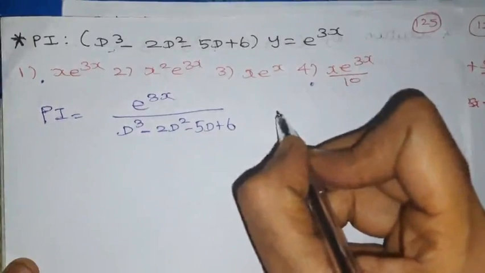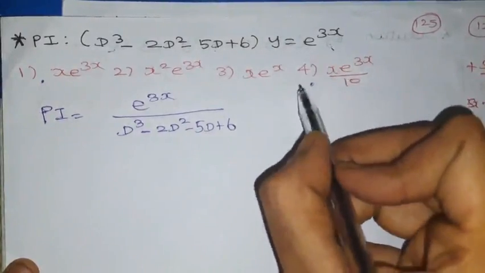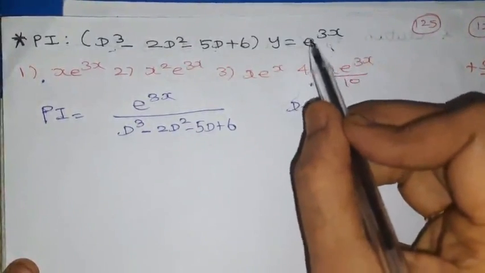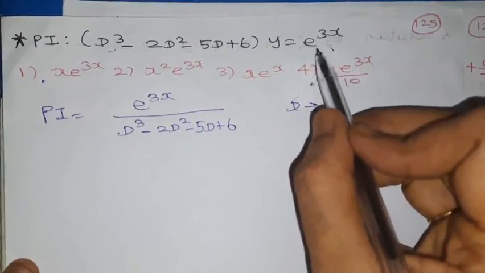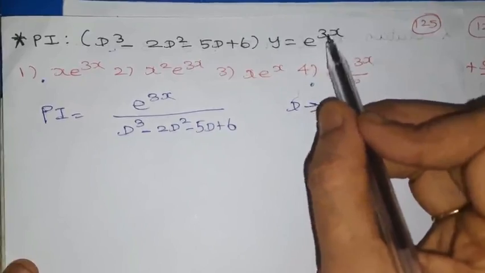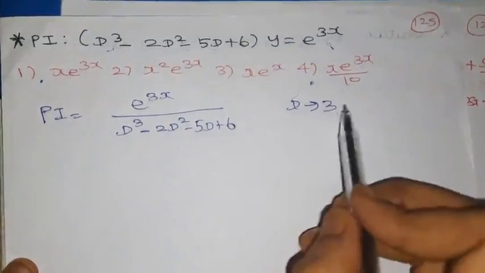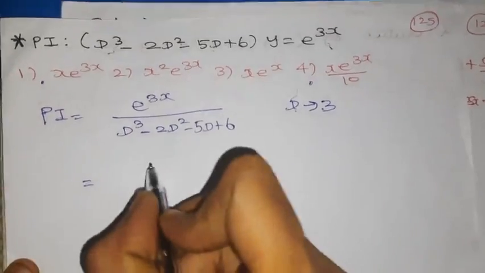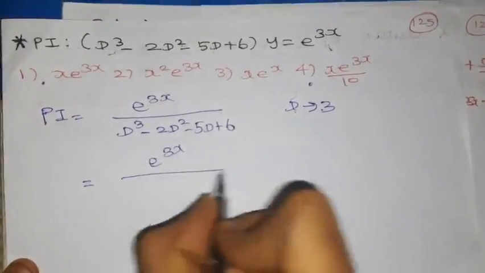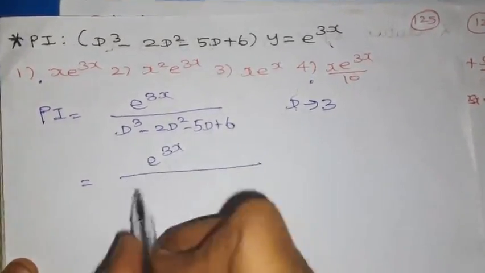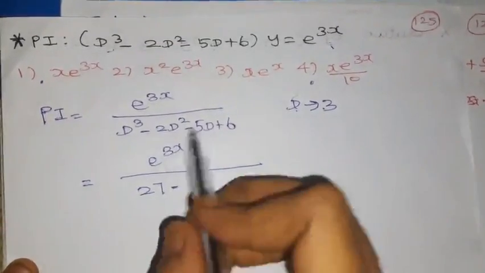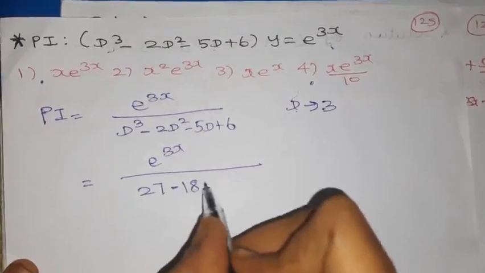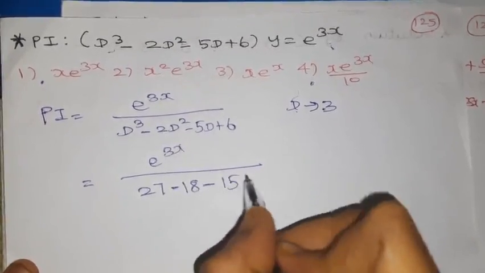Then what is the next step? Just replace D by the coefficient of x in the power of the exponential. So what is the coefficient of x here? 3. So replace D by 3 here. Then e power 3x, substitute: 3 cube is 27, D squared is 9, 2 into 9 is 18, minus 5 into 3 is 15, plus 6.